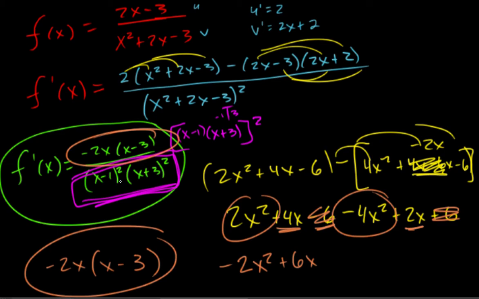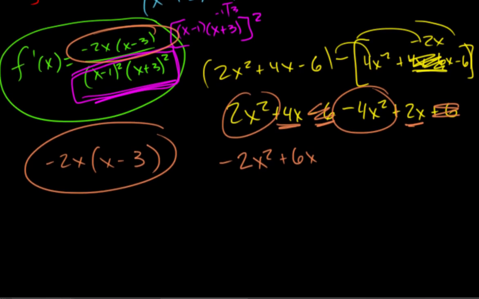Alright, now the next thing is it wants us to find the intervals where f of x is increasing or decreasing. Oh, actually we needed a sign diagram. So we can set this derivative equal to 0, and it's going to leave us with x equals 0 and x equals 3.